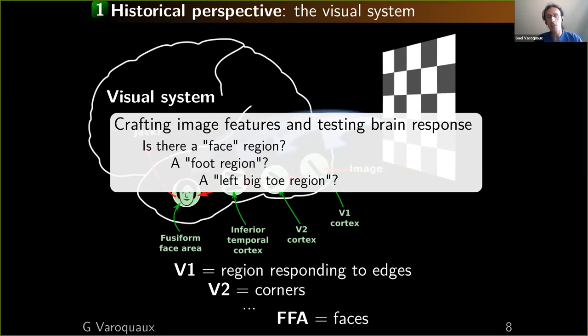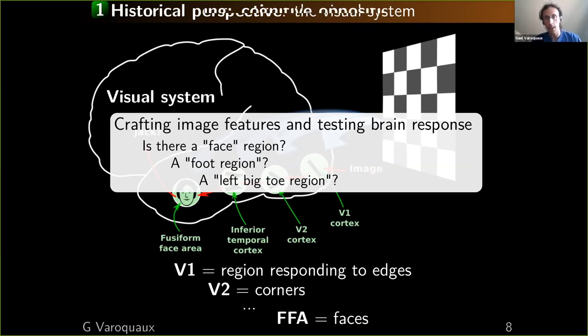And so we can ask questions such as, is there a face region? We could also try to contrast foot with face and see if there's a difference between foot and face. We can ask whether there's a left big toe region. Maybe there's a left big toe neuron in the brain.